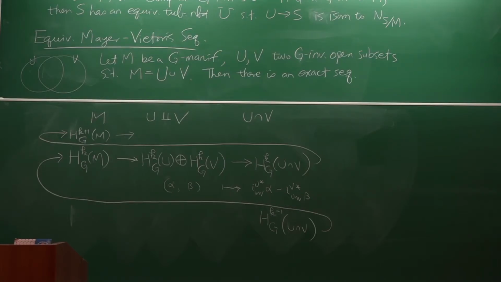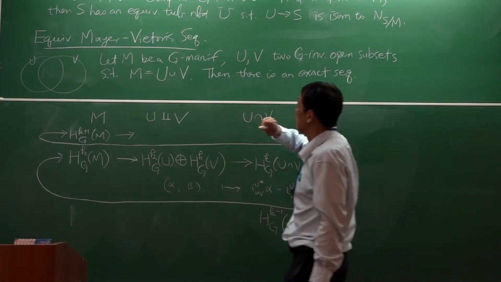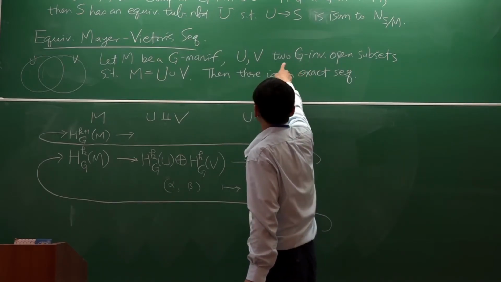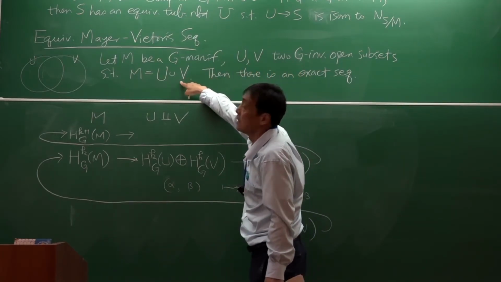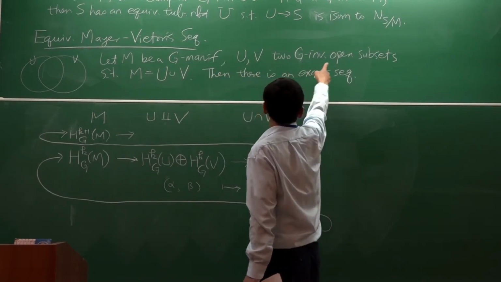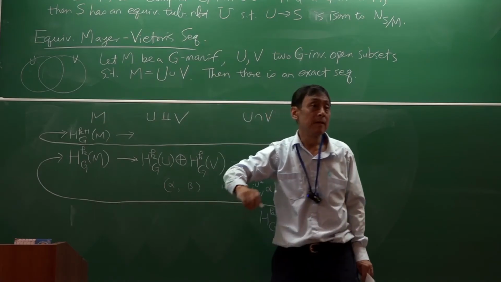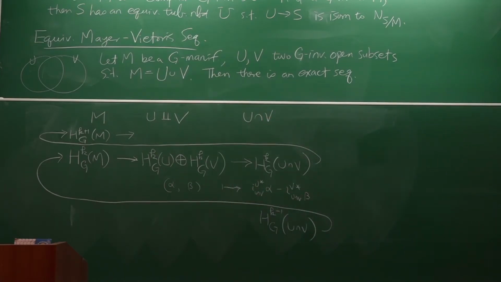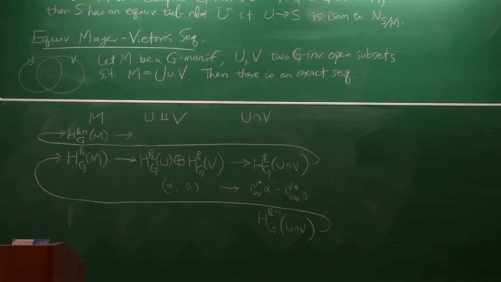So the first thing that we need to prove is that if we have an open cover consisting of two G-invariant open sets, then when you take the homotopy quotients, they still give you an open cover of M_G.